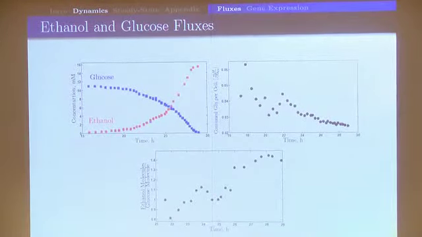Somehow the cell seems to be more efficient and able to grow by consuming less glucose. And they seem to produce more ethanol per molecule of glucose consumed, which is again consistent with the idea that toward the end of their growth, they actually boost their fermentation rather than their respiration, which to me is very, very surprising.